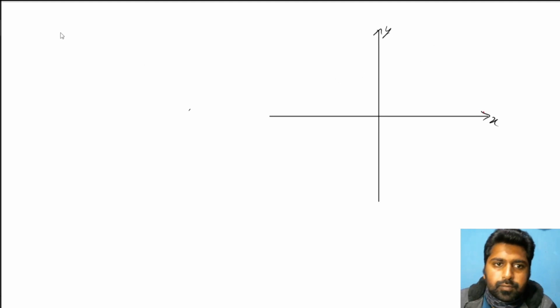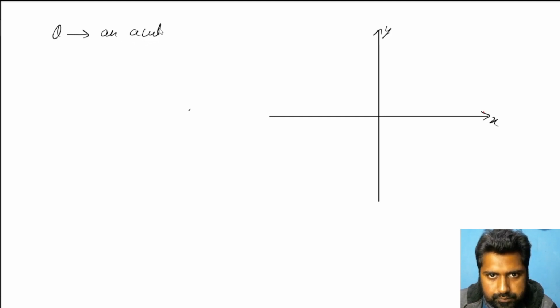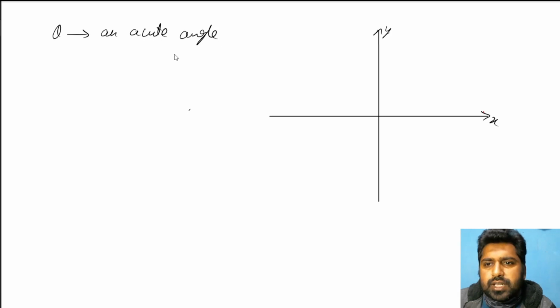Now, I'm assuming that theta is an acute angle. Even if it is not, for the time being, assume theta to be an acute angle. So the first thing that we have to talk about is 90 minus theta. What will it represent?